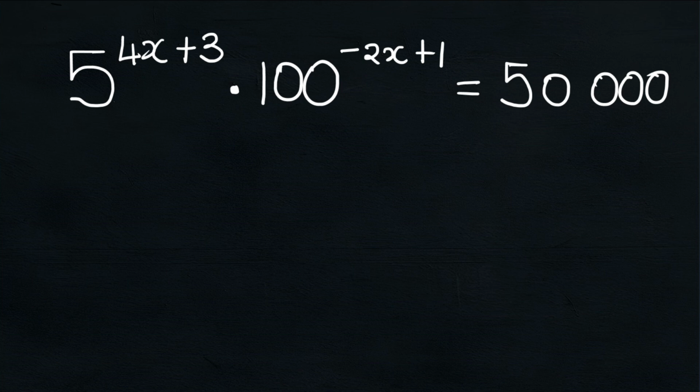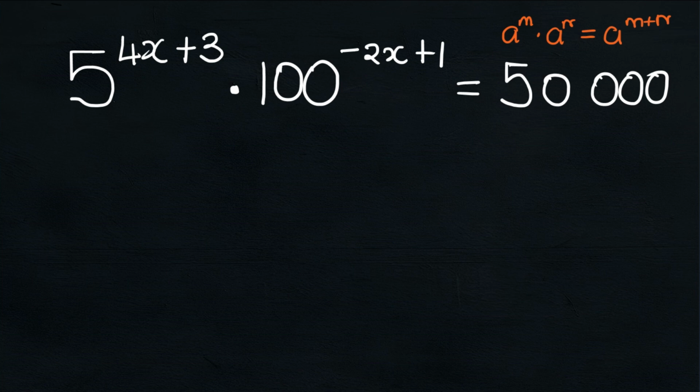Remember, according to the laws of exponents, we know that if we are multiplying the same bases, say for instance we've got a to the power of m multiplied by a to the power of n, it is the same as a to the power of m plus n. So which means if we are multiplying the same bases, we add their exponents.